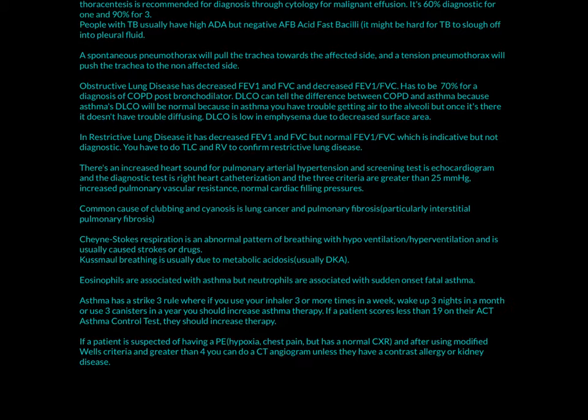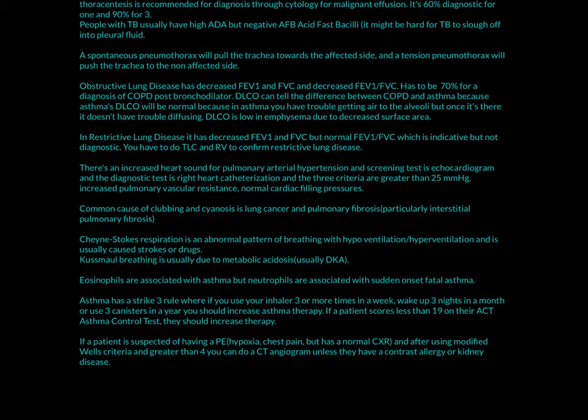You can use DLCO to tell the difference between COPD and asthma, because both of these will have less than 70, but asthma's DLCO will actually be normal, because in asthma, the only problem is that you have difficulty getting air to the alveoli because it's all being constricted. The airways are constricted, but once the air does get there, it actually has no problem diffusing.